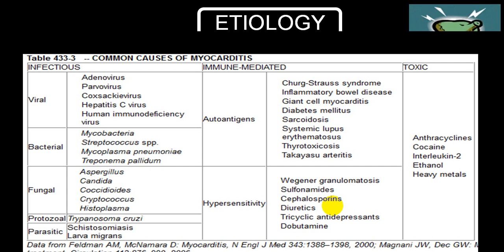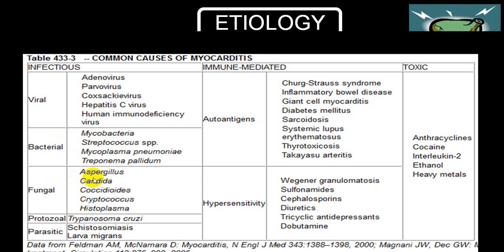If we go through the etiology, the most common etiology is infectious and non-infectious. We divide into two big groups. Among infectious, viral, where adenovirus, Coxsackie virus, hepatitis C, HIV, etc. come topmost on the list. Among bacteria: Mycobacterium, Streptococcus, Mycoplasma pneumoniae, and syphilis, that is Treponema pallidum.